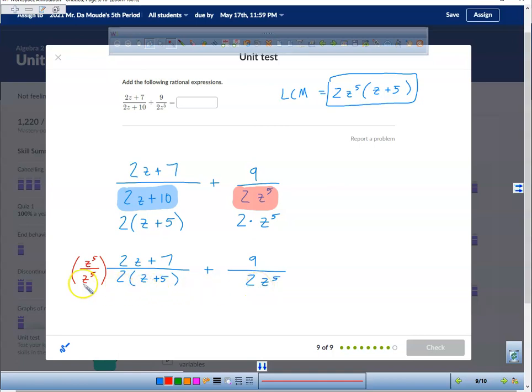What does this denominator now have that this one actually needs for them to match? Like if you're playing the matching game. Not just the plus 5, but the z plus 5. So all we're going to do is put z plus 5 over z plus 5. Now when I do this, these denominators all match.